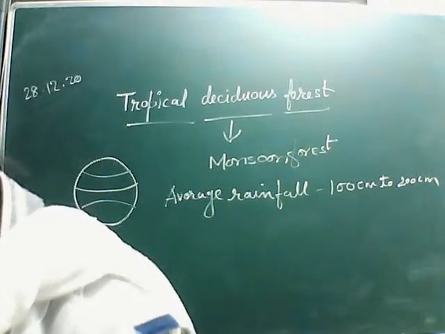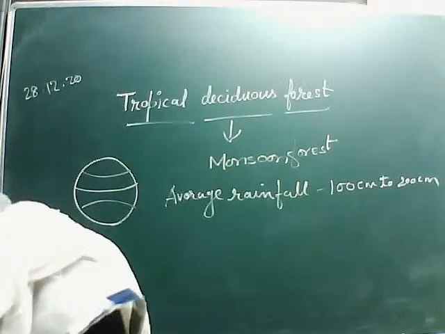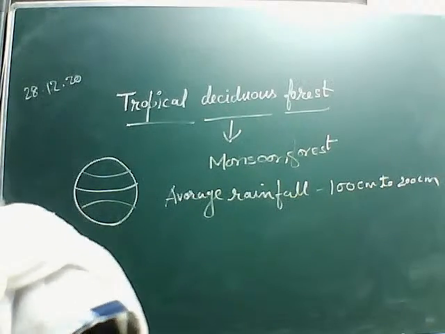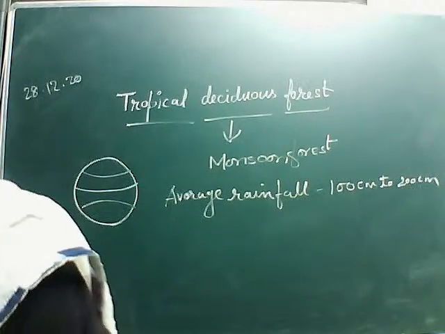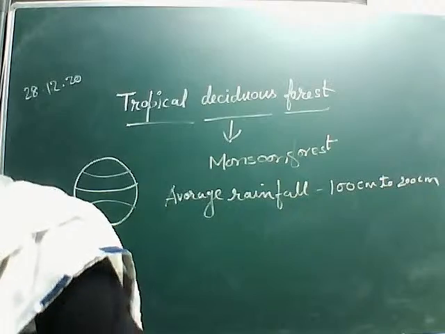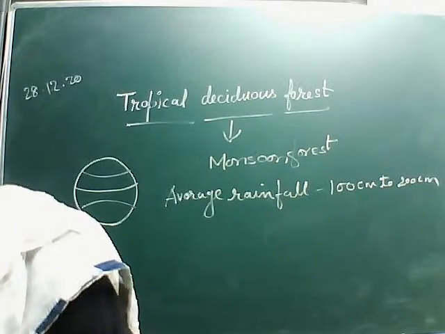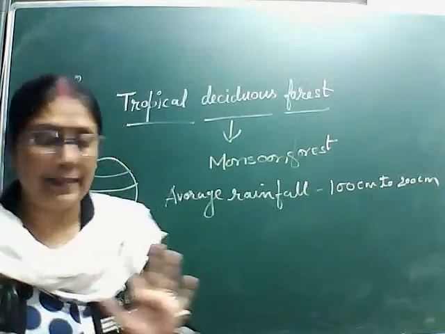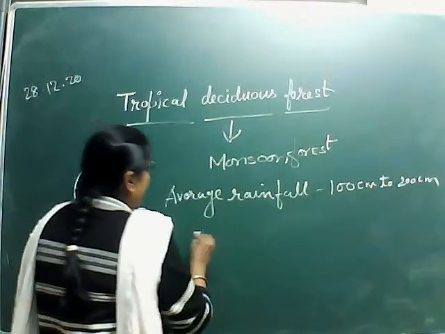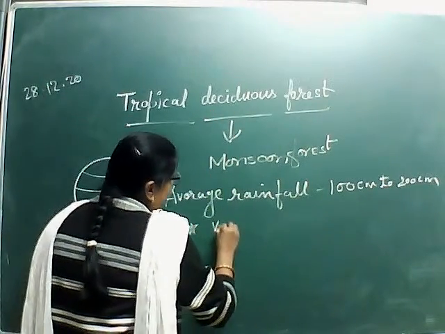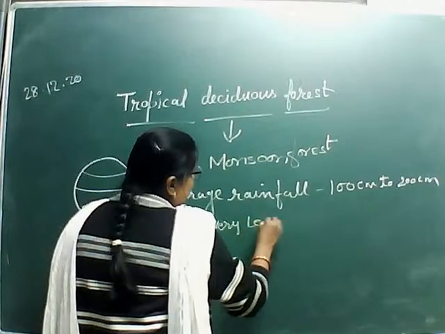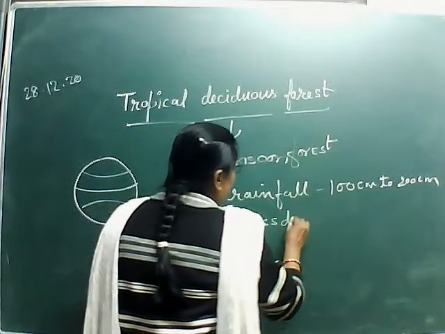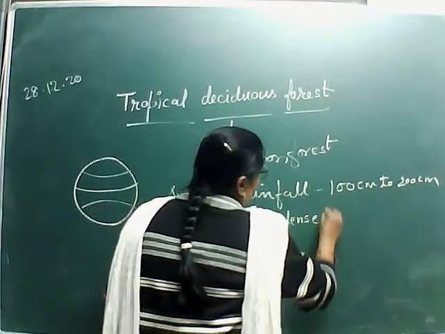Okay, now India, I told you that a large part is covered by this tropical deciduous forest. Okay. One more thing, it is very less dense. This forest is a less dense forest.